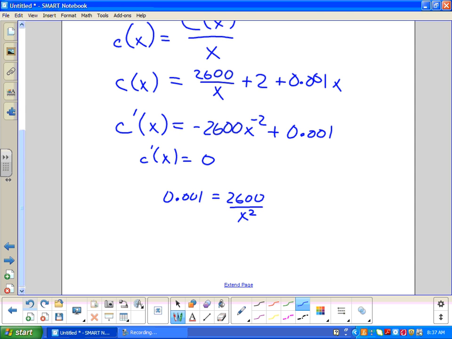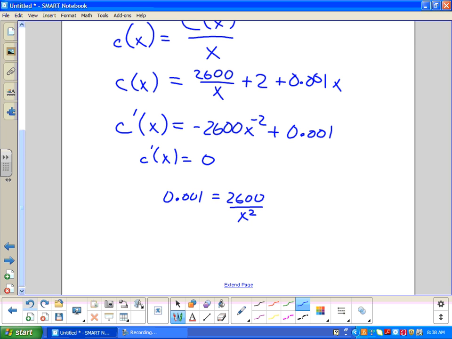All right? And I can do the math here. And the book does it a little differently. So 2,600 divided by 0.001 is like 2.6 million.